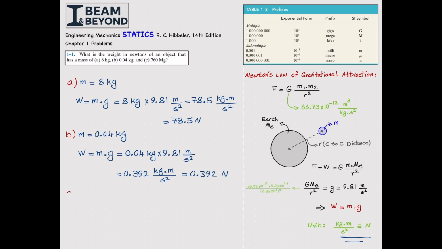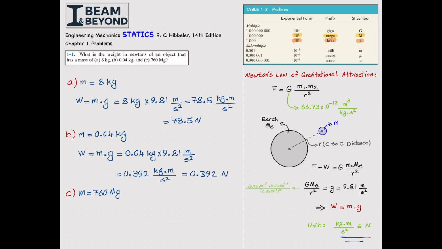Let's move to part C. For part C, we have M equals 760 megagrams. As you can see from Table 1-3, mega is 10 to the power of 6, and kilo is 10 to the power of 3.